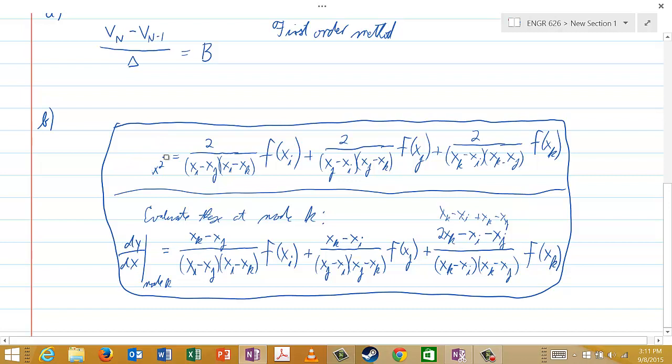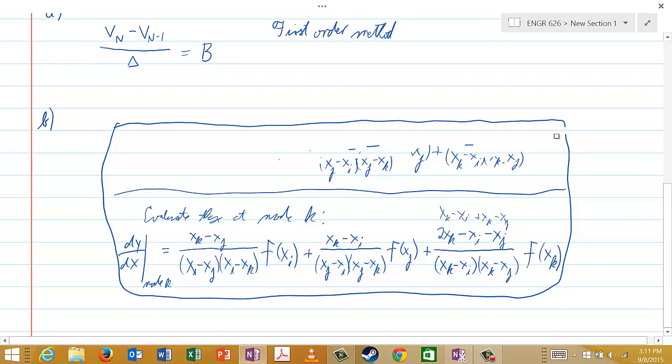We don't need this first part about the second derivative, so I will erase it.